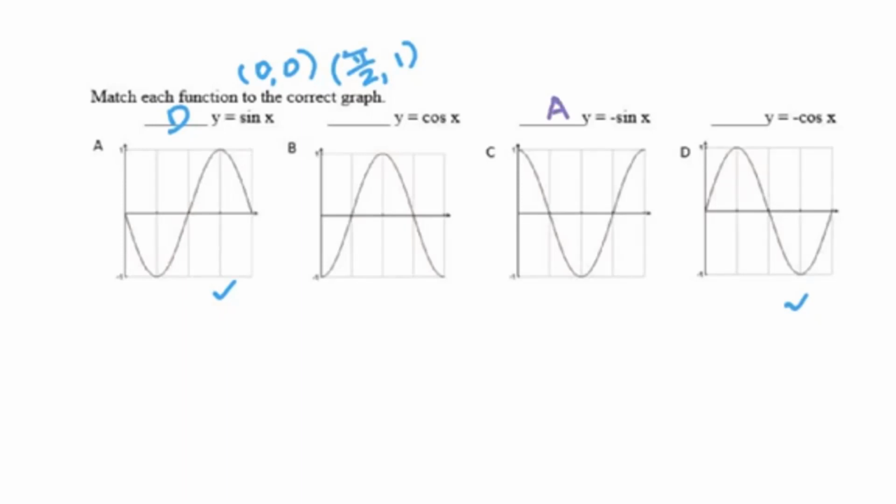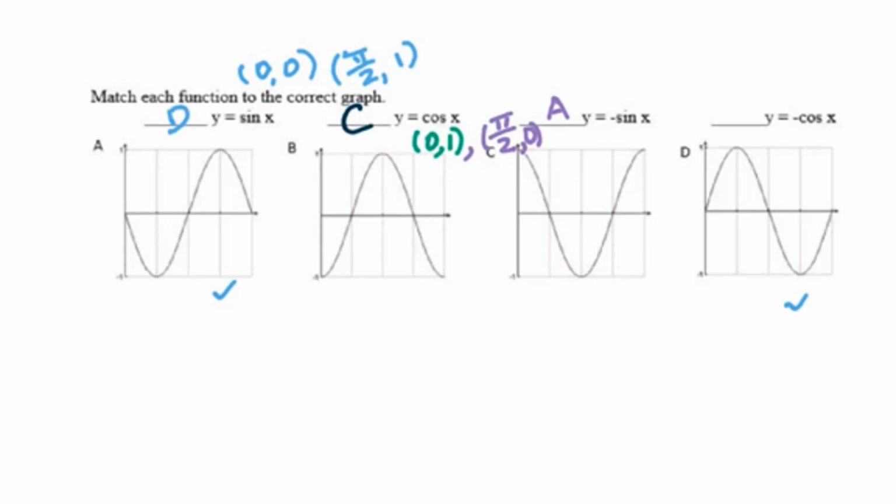For cosine x, we know when x equals 0, y will be 1, because cosine 0 equals 1. Then when x equals pi over 2, cosine pi over 2 is 0. Therefore, we could say that C will be the answer.